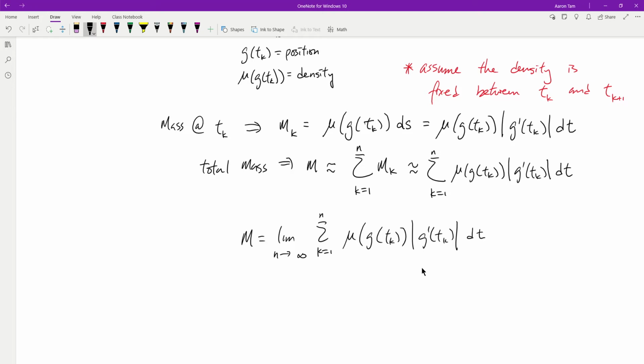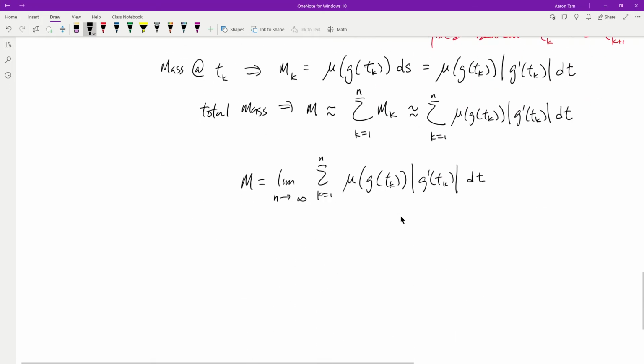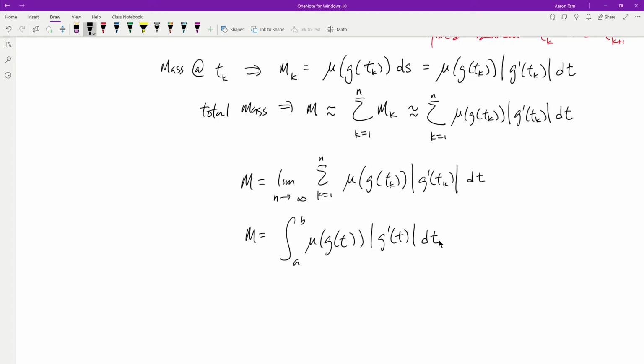And that becomes our total mass, which you might recognize as the Riemann sum. Now I can rewrite this Riemann sum and convert it into an integral. So what would be my formula? M equals the integral from a to b of mu of g of t times the length of g prime of t, dt. So that's the definition.